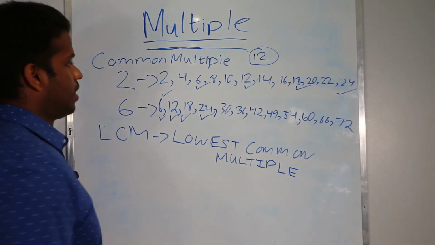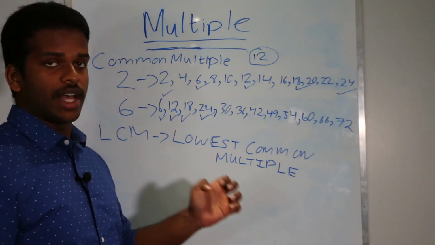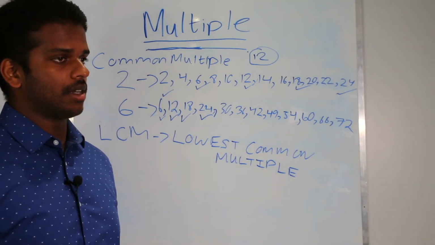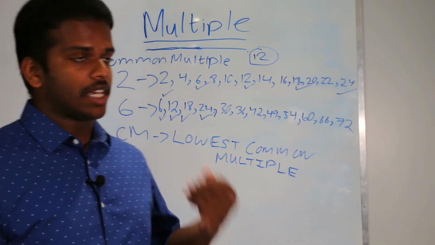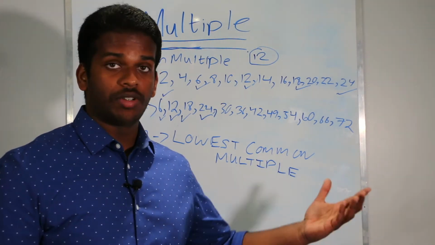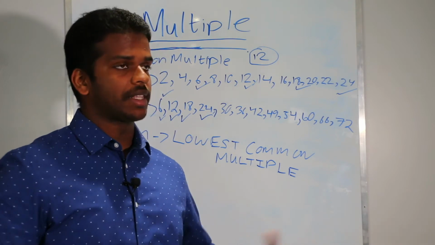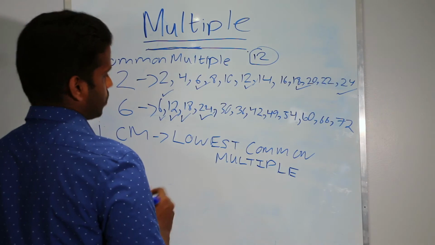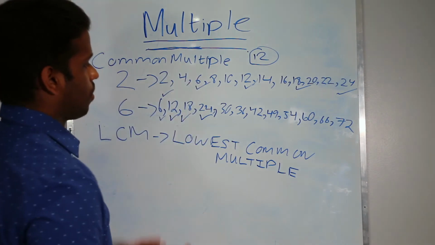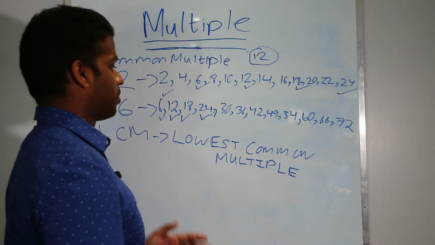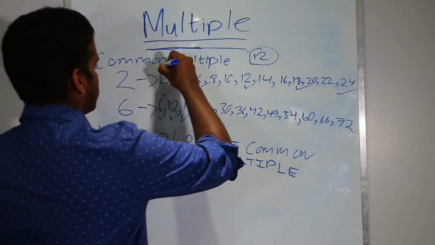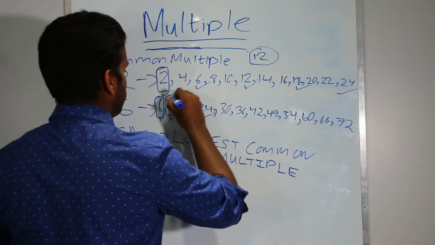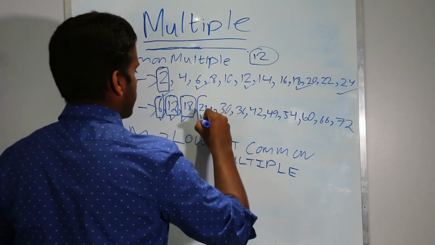Now we have to look at the lowest common multiple, and we need it because in some cases, like addition and subtraction, we have to find a common denominator and make the fractions have the same denominator. Lowest is not greatest common multiple. We found the common multiples, and I'll circle them: 6, 12, 18, 24.